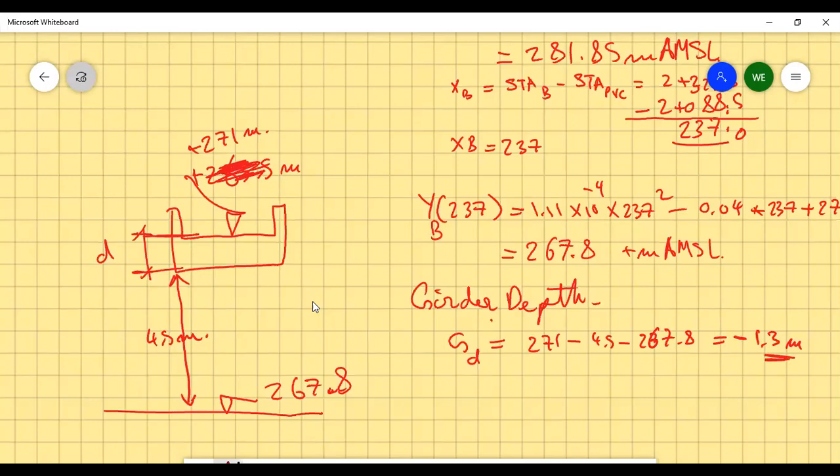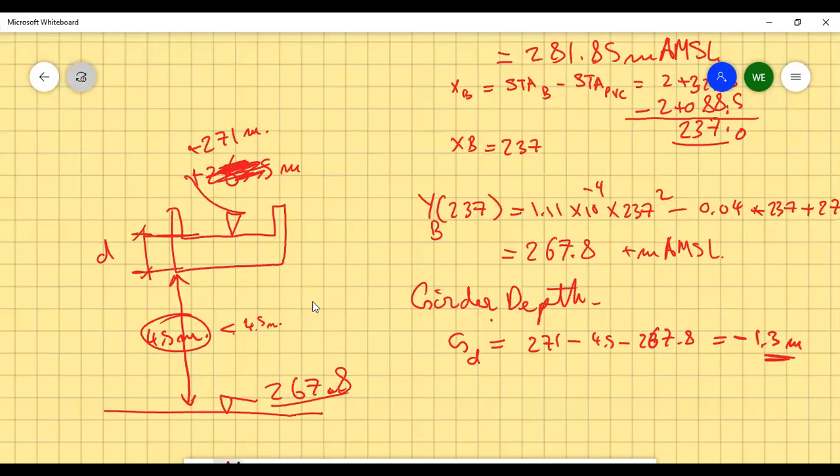So what does this mean? This means that we cannot build the bridge this way, because the clearance between the bridge and the elevation of the pavement is less than 4.5 meters. So let's try this. We want to get this elevation down by a distance.